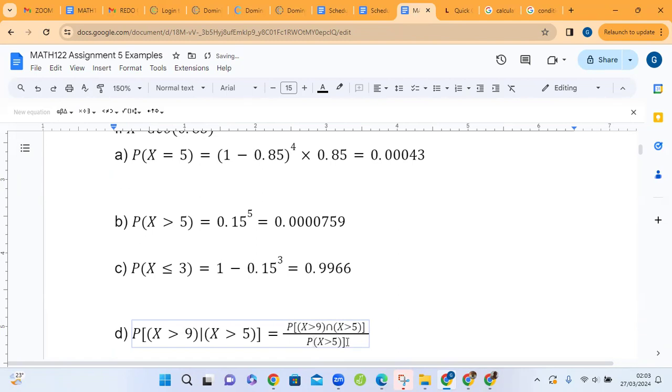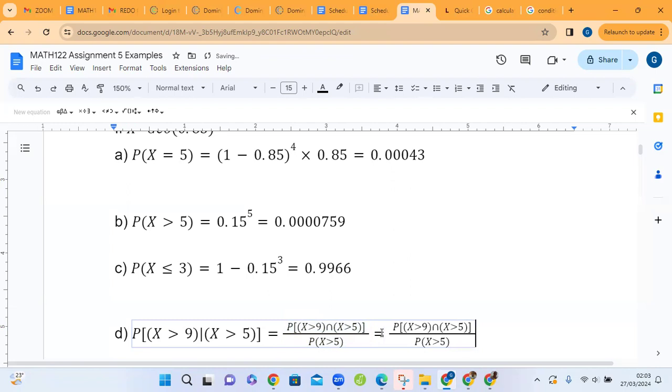So given that you succeed in more than 5 trials, what is the probability that you succeed in more than 9? So where do more than 9 and more than 5 intersect? More than 5 and more than 9 intersect in more than 9. That's where they meet.